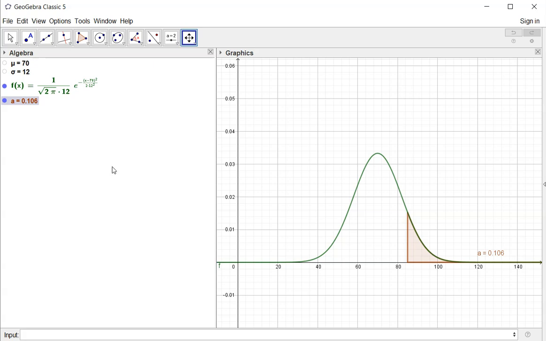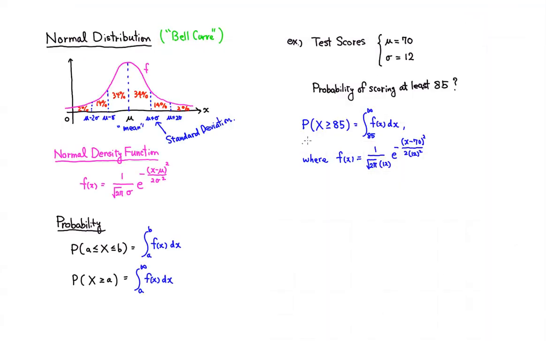So it's about 11%. That's how you use the normal distribution, given information, to determine the probability of scoring at least certain points. That's it. I hope that this was clear.